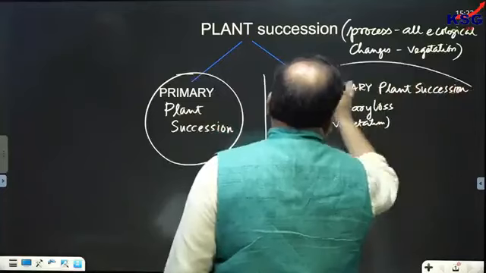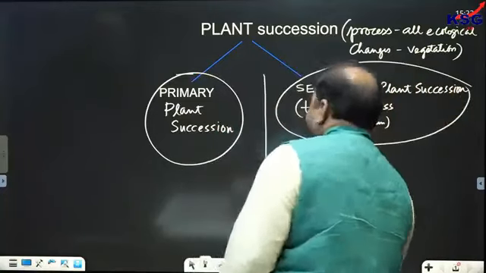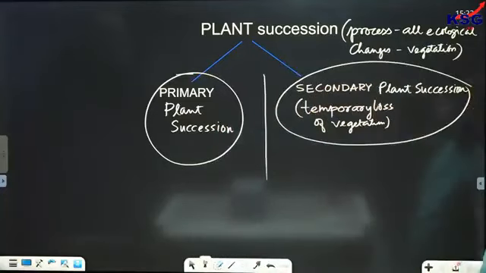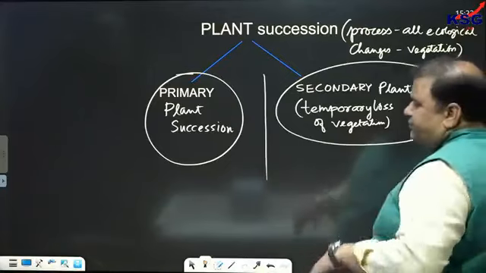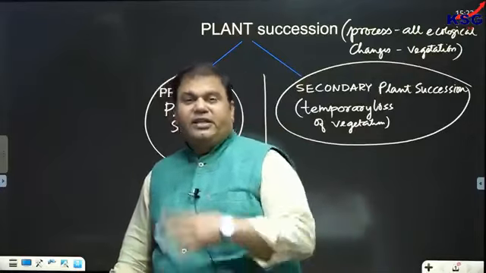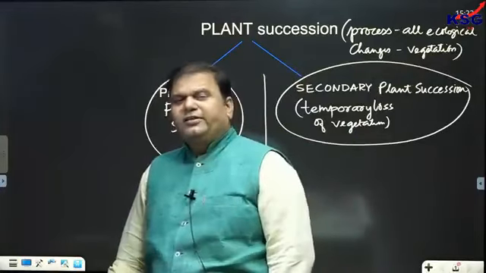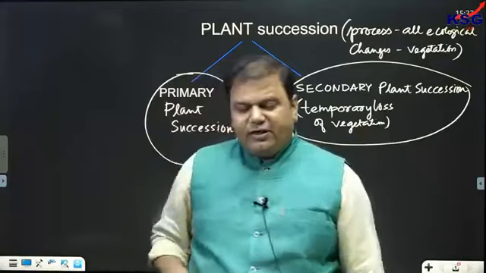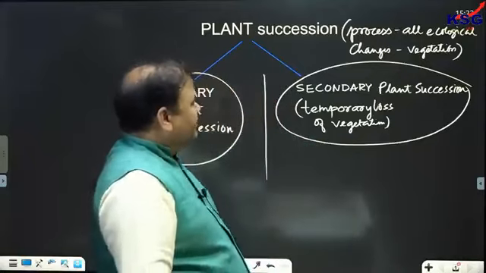And secondary plant succession takes place in an area where there is temporary loss of vegetation. Then the establishment of vegetation will be called secondary in nature, where there is temporary loss of vegetation.